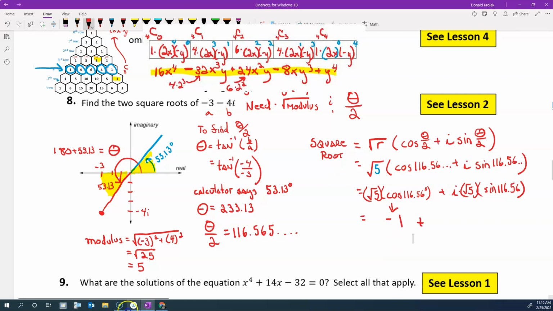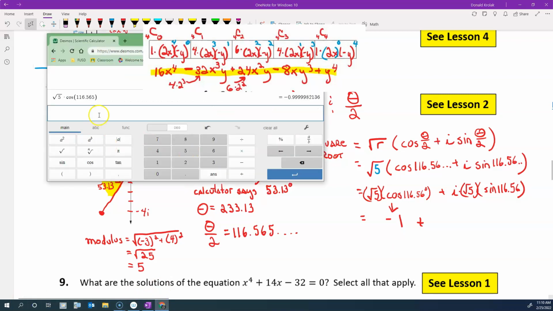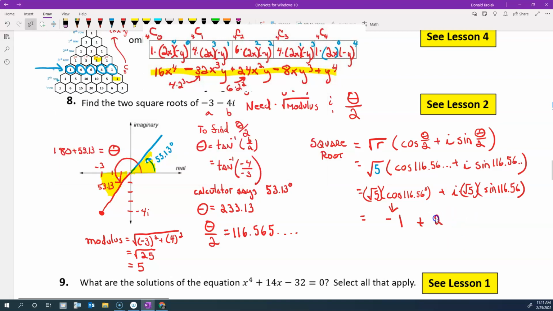Okay, and now when I multiply the other one out, root 5 times sine 116.565, and that's equal to 2.00000, so this is going to be 2i.